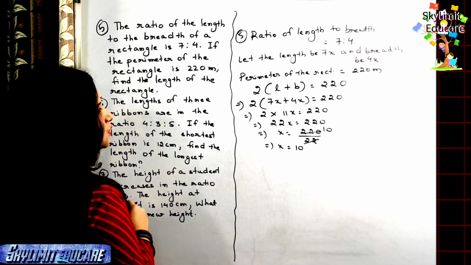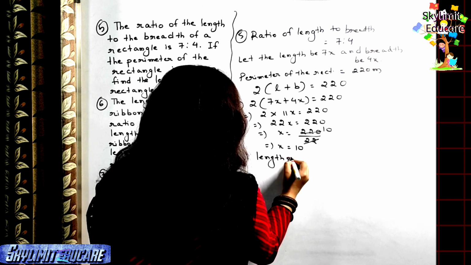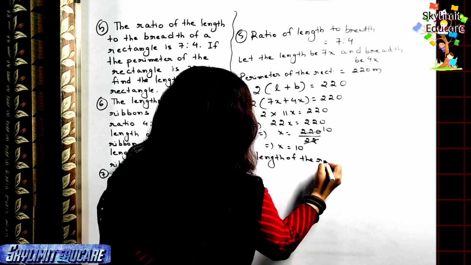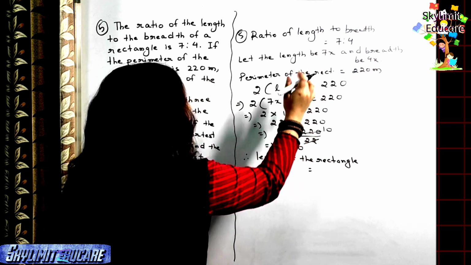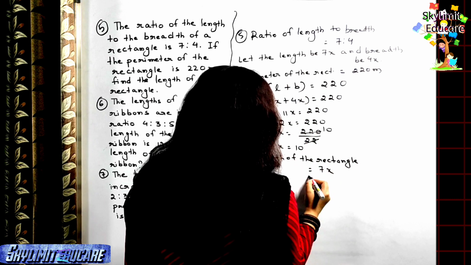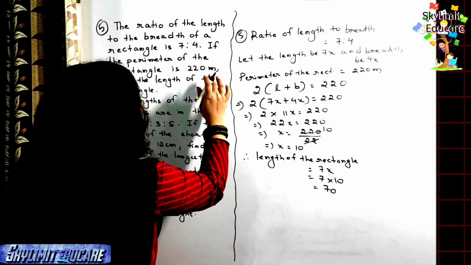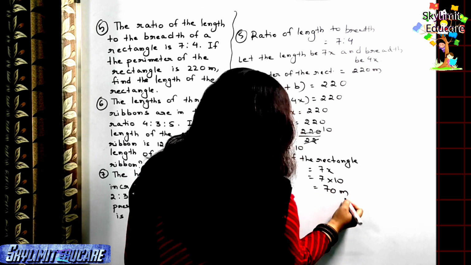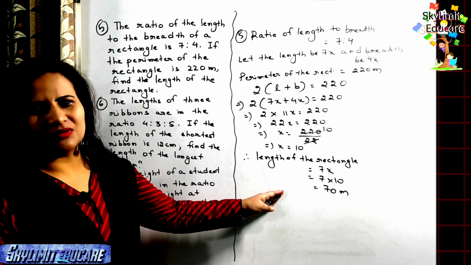But what has the question asked you? Length. So therefore, length of the rectangle is 7x. So 7x is 7 multiplied by 10. So 70, and the unit will be meter. Clear? So here you are supposed to write the unit also. Okay. So this way you can solve this question.